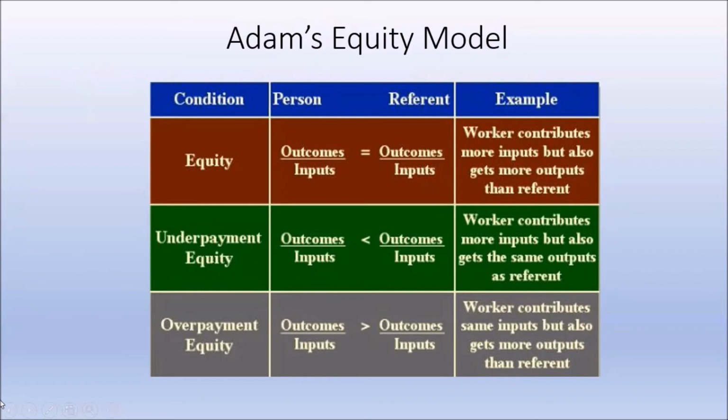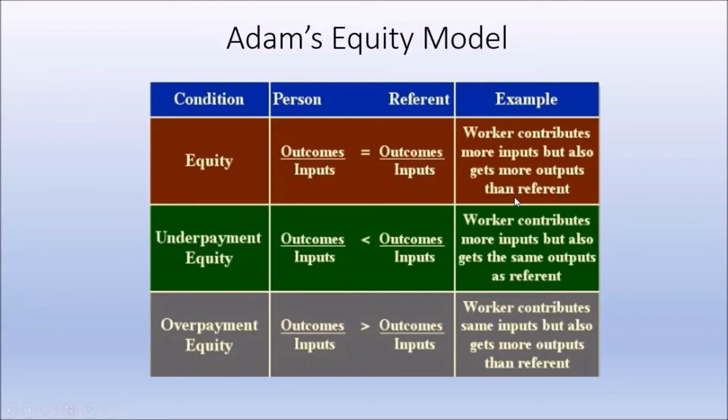So these are the examples of the conditions where the equity is achieved. When the equity is achieved, the worker contributes more inputs, but at the same time, he or she will get more outputs than the reference.